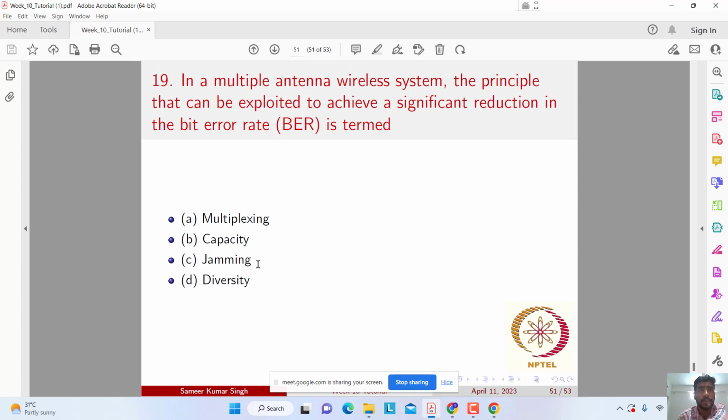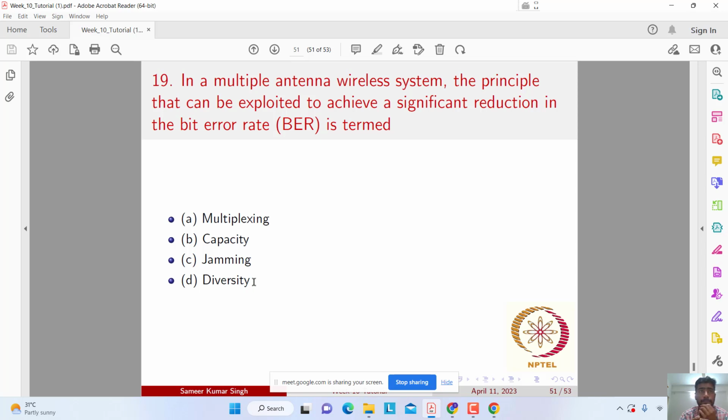Next is diversity. Diversity is used to improve the bit error rate, because whenever communication occurs between a transmitter and receiver, definitely we get errors. So in diversity, we send the messages in two ways, three ways, four ways, because if one way is corrupted, we already have the others. That is known as diversity.